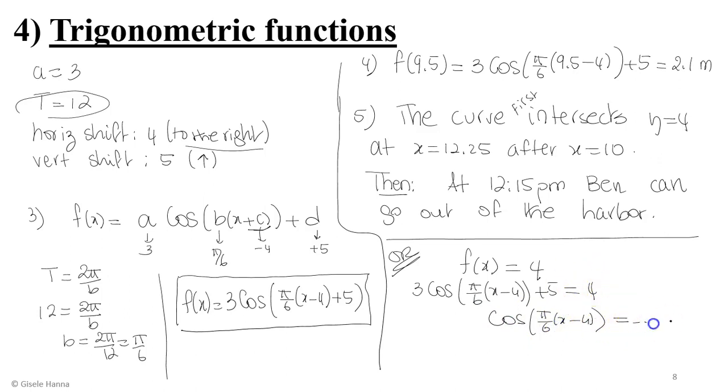You would solve for cosine, whatever that value is, and then use the equations corresponding to cosine in order to solve for x. Then you'd look in the interval given in order to reject or accept values and determine the value of x, the first value of x following x equals 10. So this is it for trigonometric functions.